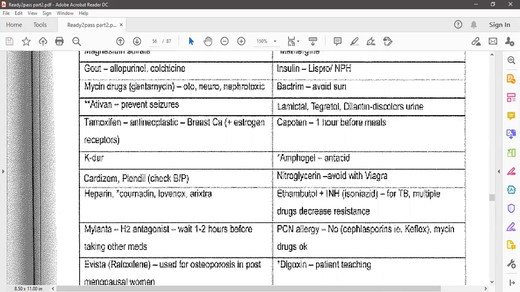Okay. So first of all, allopurinol is used to decrease the uric acid level in the blood and urine of people with high uric acid.